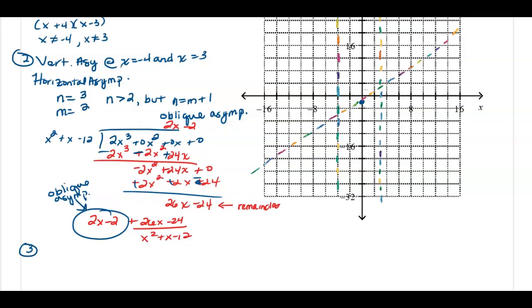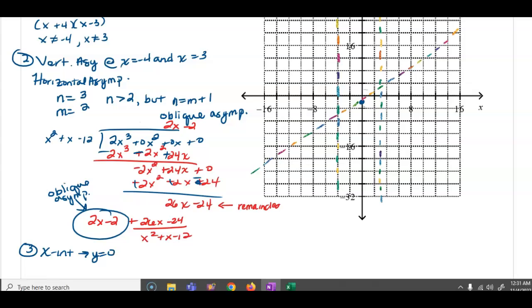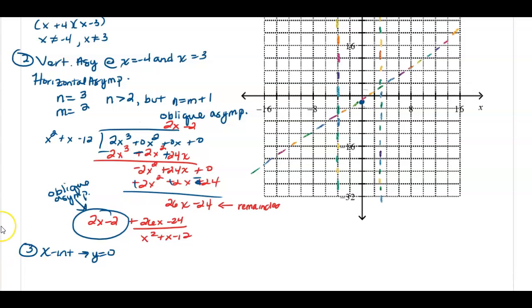Let's see if we can find any intercepts. X-intercept says y equals 0. So if I put 0 equals 2x cubed over x squared plus x minus 12.